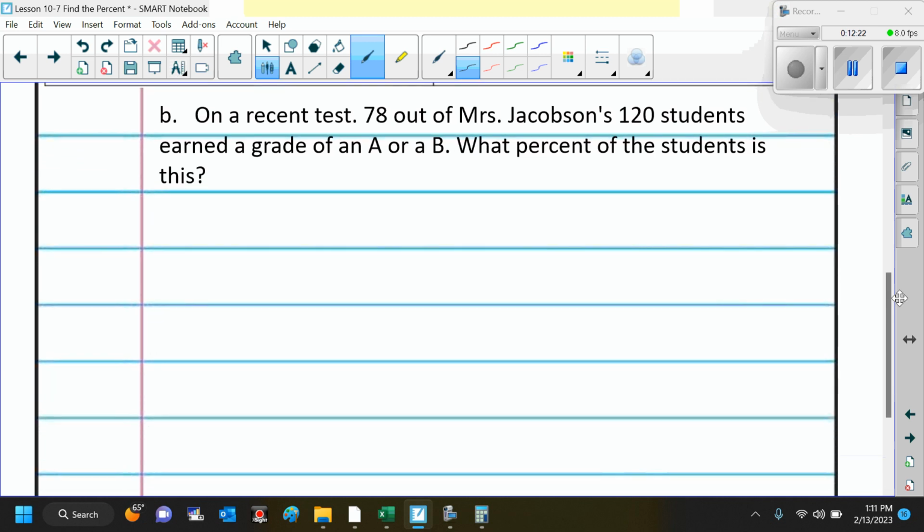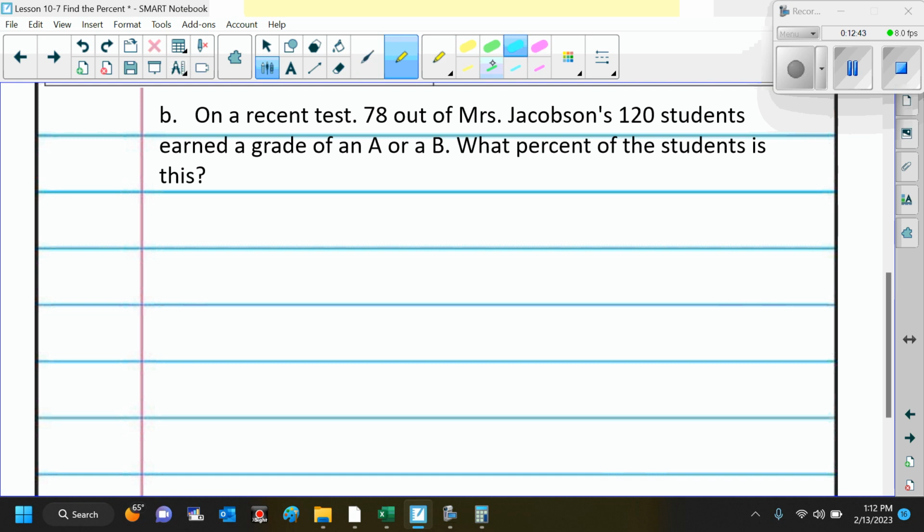So take 2 minutes and work on this one with your table partners. It says, on a recent test, 78 out of Mrs. Jacobson's 120 students earned an A or a B. What percent of the students is this?